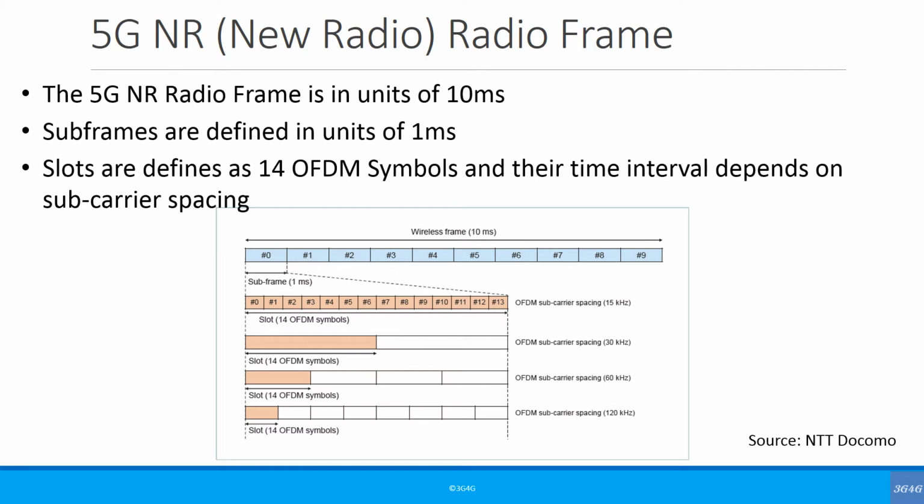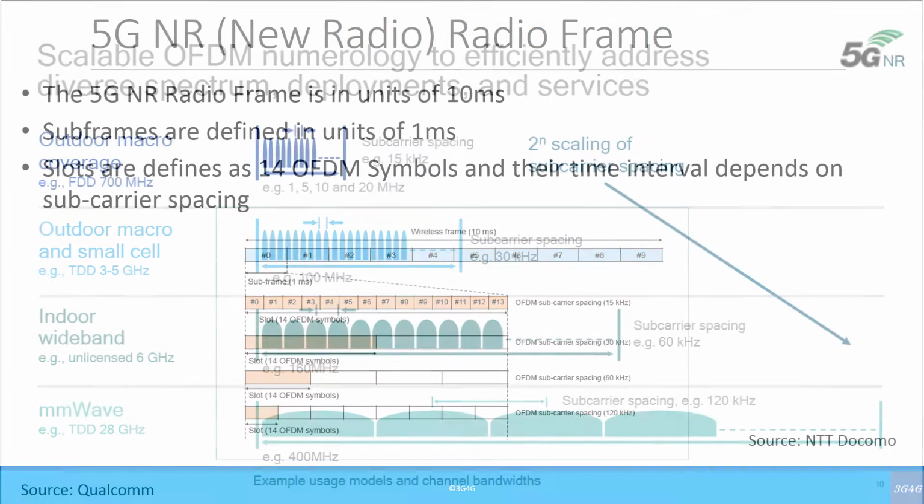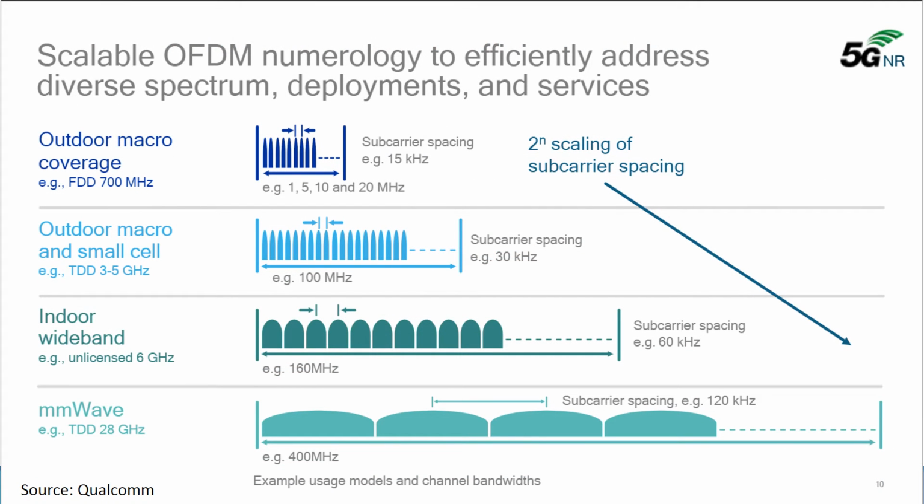But instead, if the subcarrier spacing changes to say 30 or 60 or 120 kilohertz, the slot reduces in size, as you can see in the picture below. So the scalable OFDM numerology, or numerology for short, is used to efficiently address the diverse spectrum deployments and services.